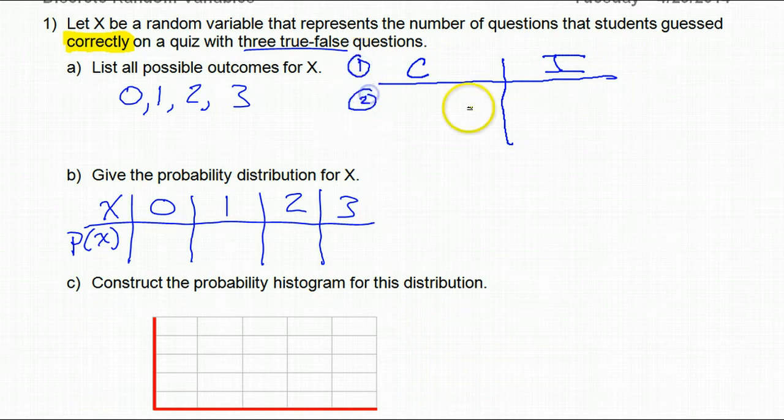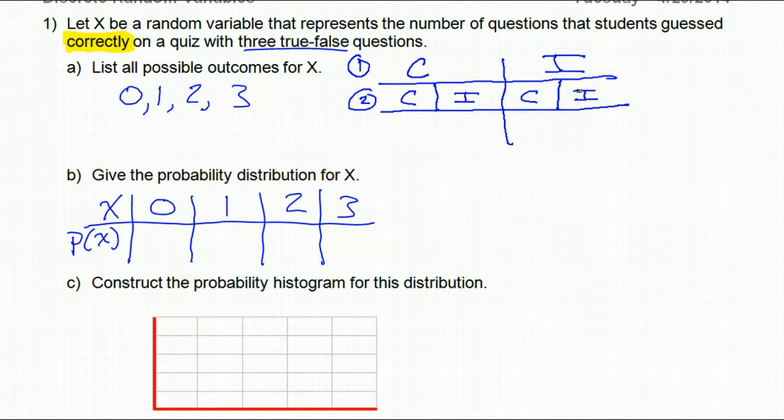Then comes question number 2. Let's say you got question number 1 correct. Then on question number 2, you're either going to get correct or incorrect. Maybe you got question number 1 incorrect; still the choices for question 2 are correct or incorrect.